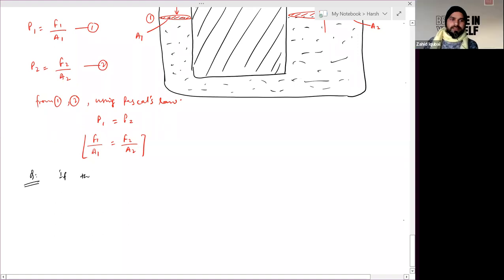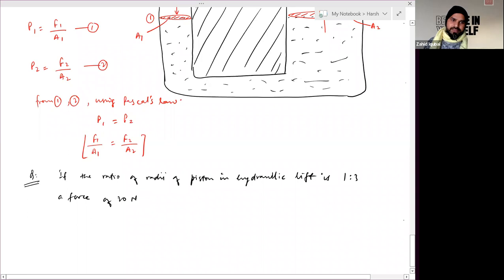If the ratio of radii of piston and hydraulic lift is 1:3, a force of 20 Newton is exerted at the smaller end.